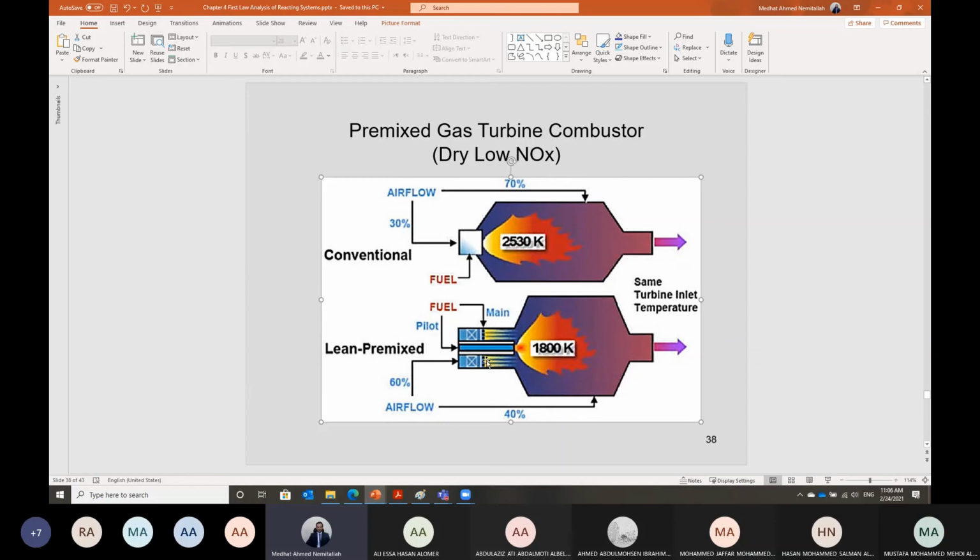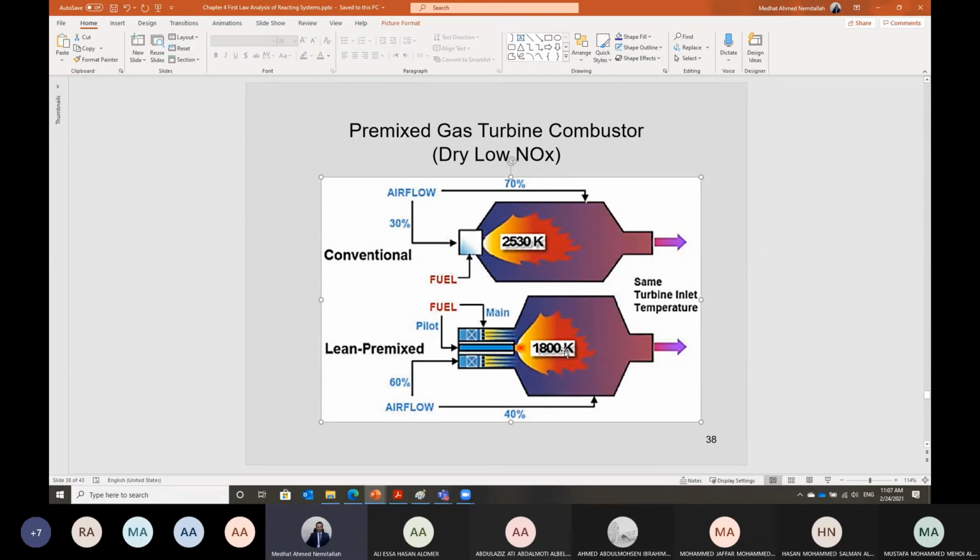But in case of pre-mixed combustion, we pre-mix much air with fuel. So when it comes to the combustor, it will result in flame instabilities. At lower equivalence ratio, the flame may blow out because we are using much air and less fuel.